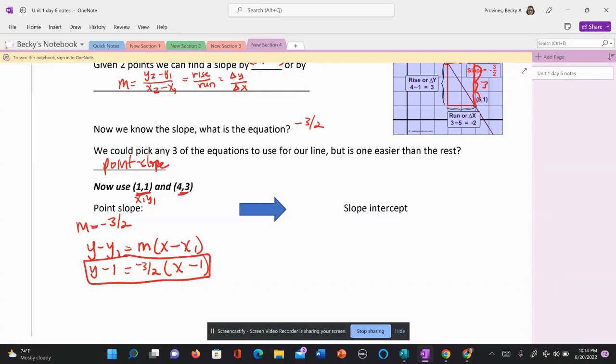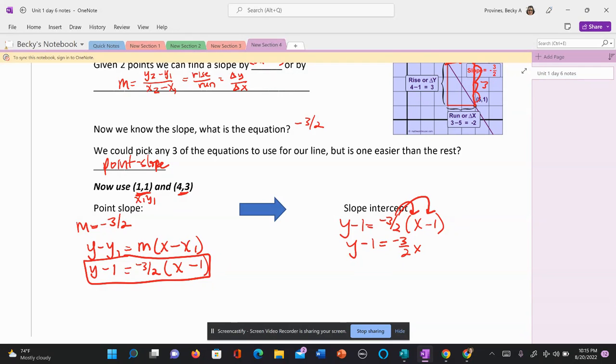Okay, so what if I want to change this to slope intercept? I'm going to take this equation, and again, we practiced this last class. We're going to distribute the slope. So this is a negative 3 over 2 x.